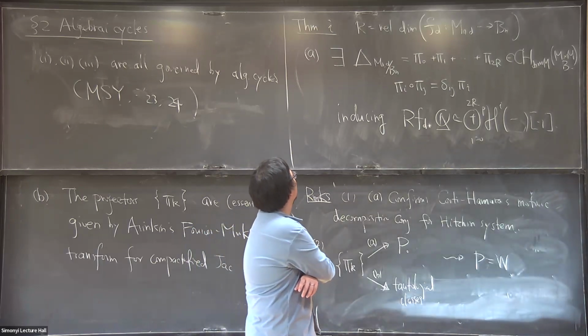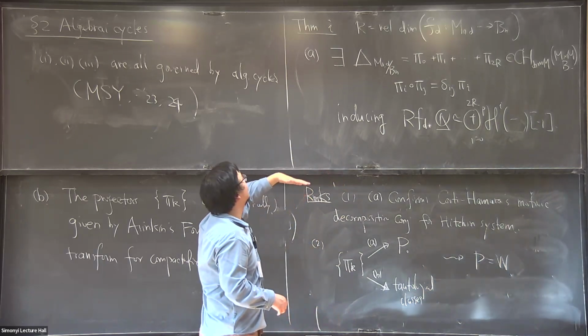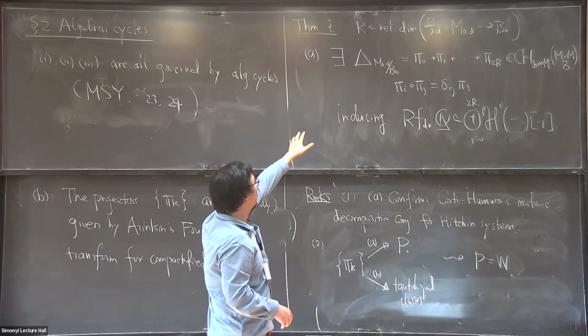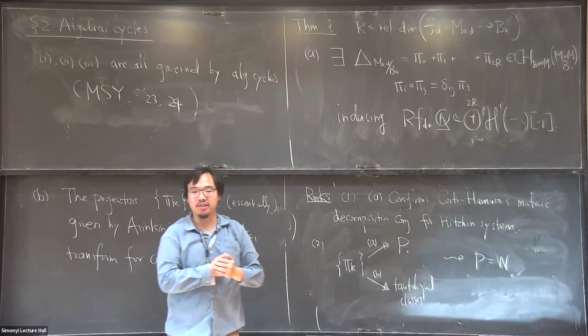Here the harder thing is the relative geometry, because so far the topology of the singular fibers of the Hitchin fibration is not very well understood.